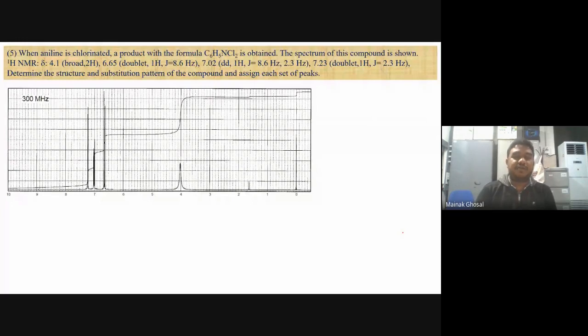You have to determine the structure, explain the compound, and assign each of these peaks. Show what kind of compound it could be. I will just give you some hint, then you think and answer me.